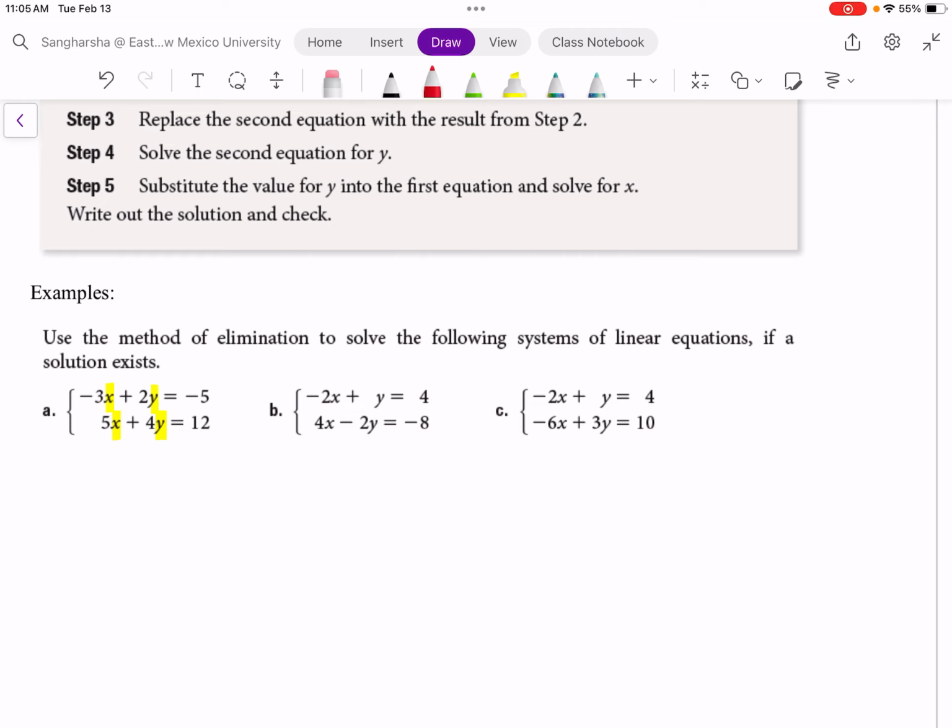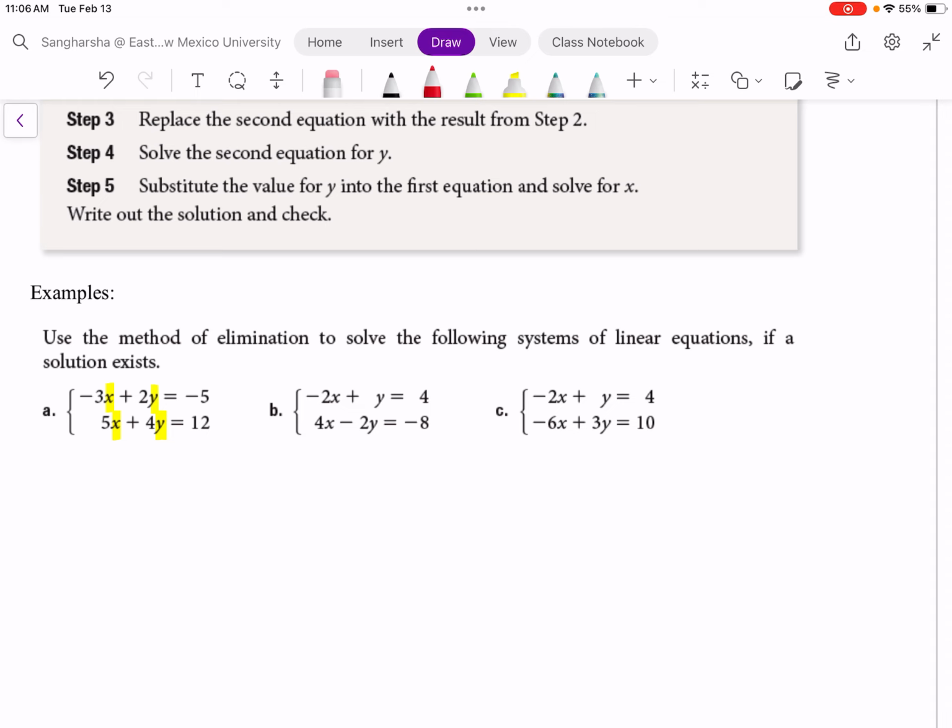And we find a point where the two lines intersect. It's not every time. If the system of linear equations has a solution, then the two lines intersect at a point, and the point where the two lines intersect is the solution, okay? That's the graphical method that we will do later on.